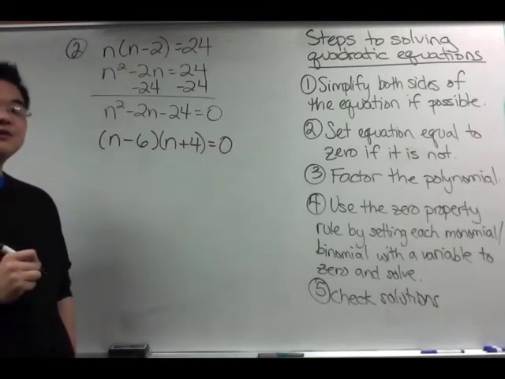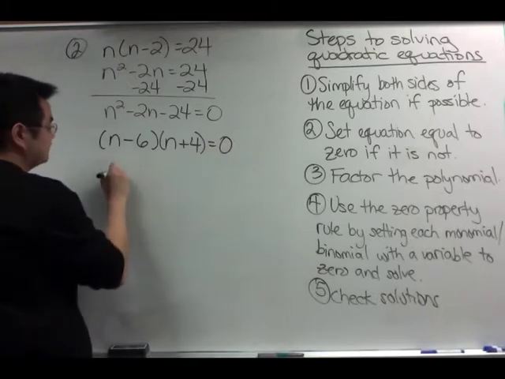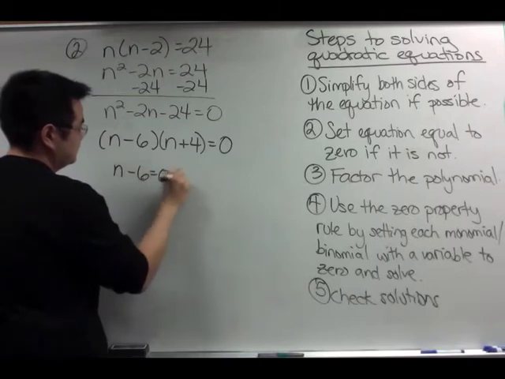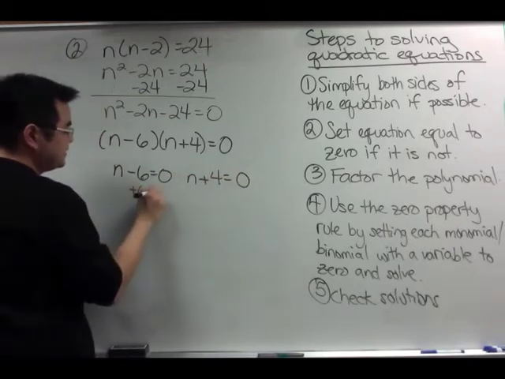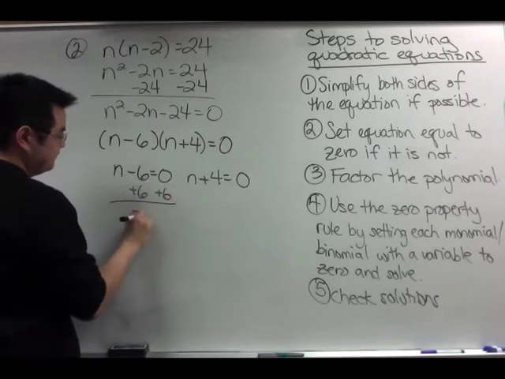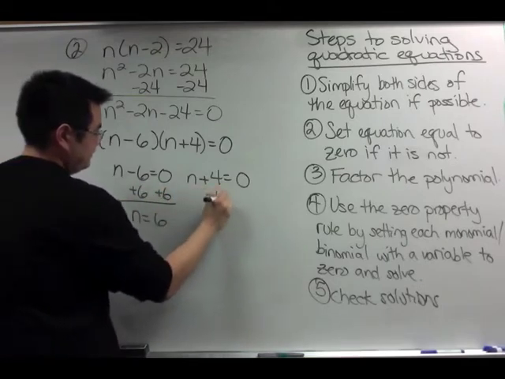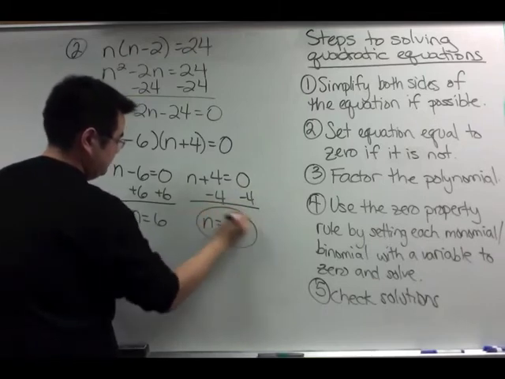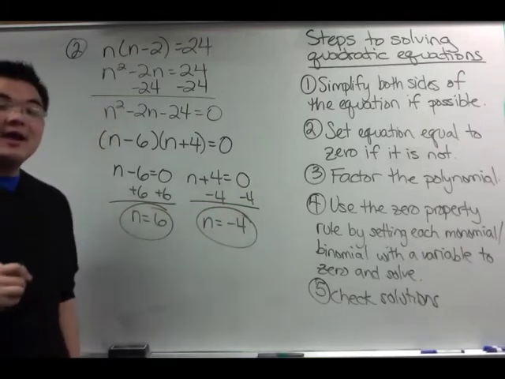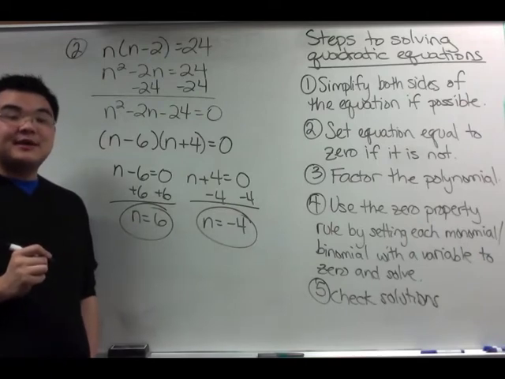Then finally, we're going to use the zero property rule. Solve each equation. And we get n is equal to 6 and n is equal to -4.